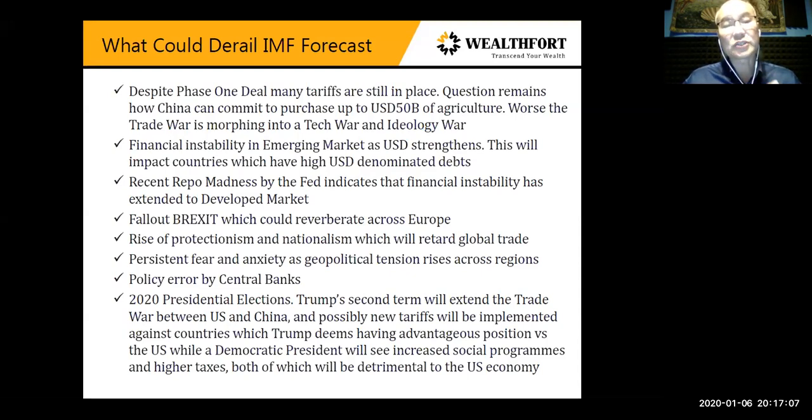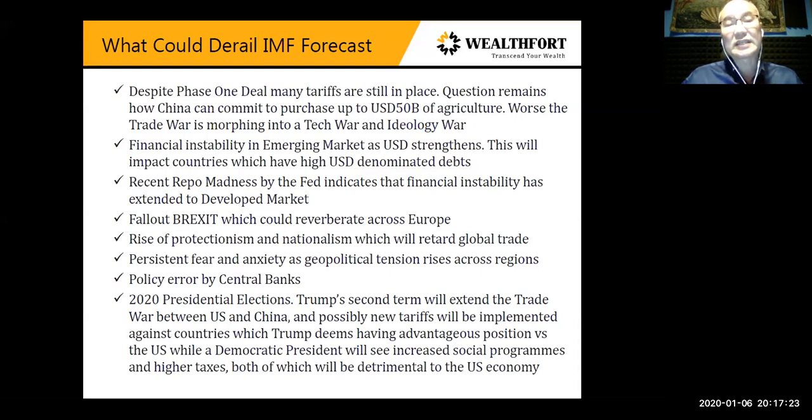So that is what the central banks have done in Europe and in the US. Then we have the 2020 presidential elections. Now, Trump's second term will extend the trade war between the US and China, and possibly new tariffs will be implemented against countries which Trump deems to have an advantageous position versus the US.